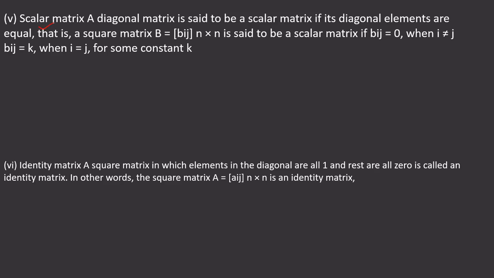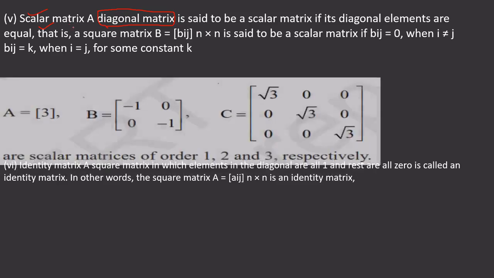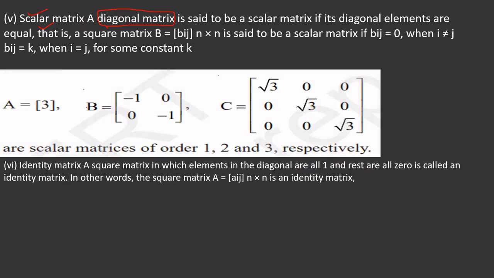Now we have a different type of diagonal matrix. The scalar matrix is also a diagonal matrix. Just as the square matrix has a type called the diagonal matrix, the diagonal matrix also has one type, which is called the scalar matrix. And what is the difference between the diagonal and scalar matrix? As we have seen, in a diagonal matrix there are elements only on the diagonal, and others are zero.